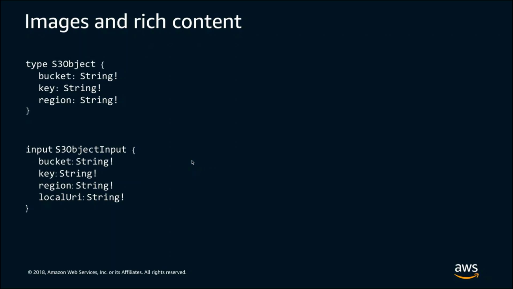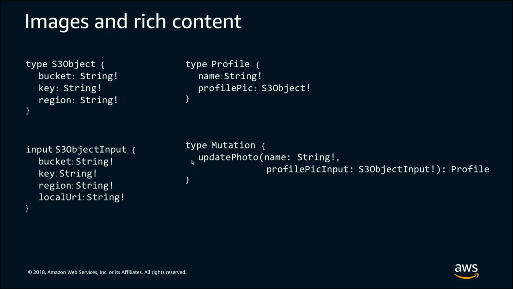You can reference this S3 object type in your regular types like a profile pic, or you can also use the S3 object input in your mutation as displayed on the screen.